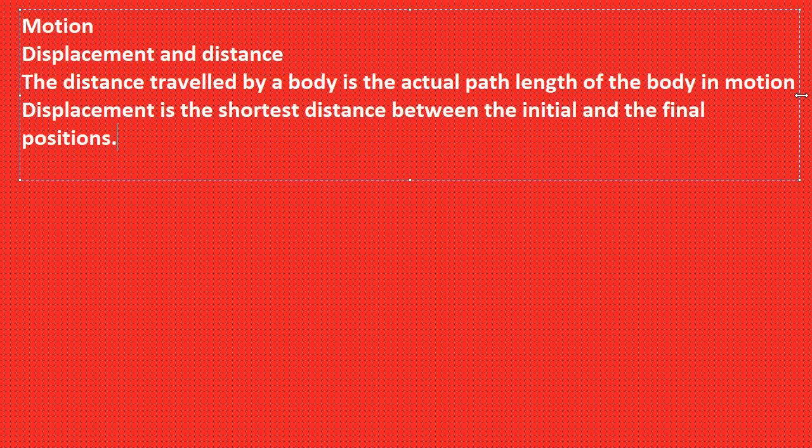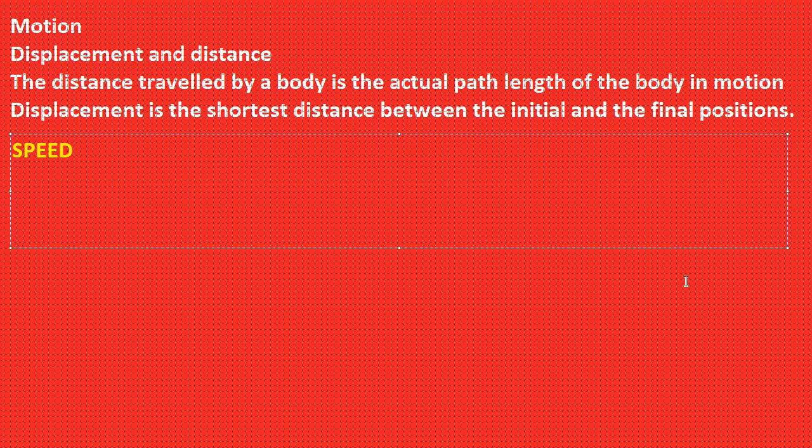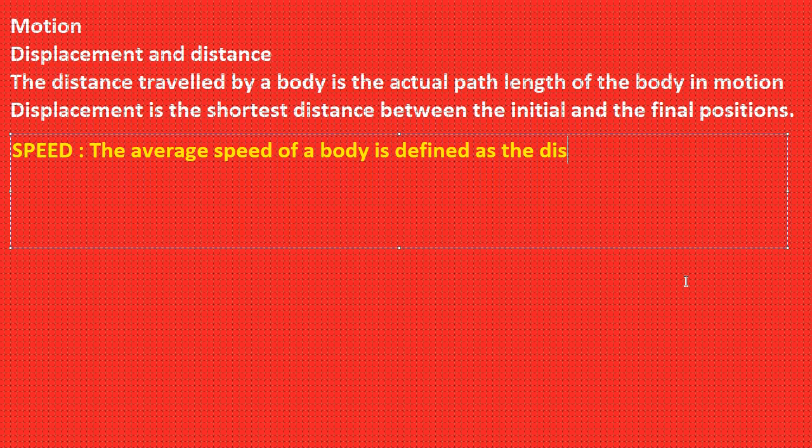Today we are going to discuss some new concepts, and these are the concepts of speed and velocity. Now, the average speed of a body is defined as the total distance covered by the body in unit time.